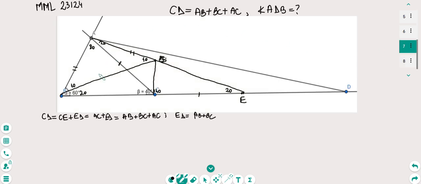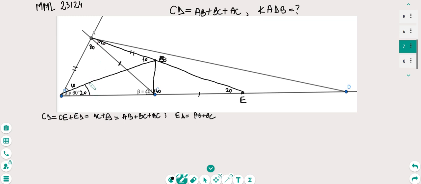And this is what we're identifying here. It becomes natural for you to see these things. So indeed, A, B, C, G will be cyclic because these angles are equal.